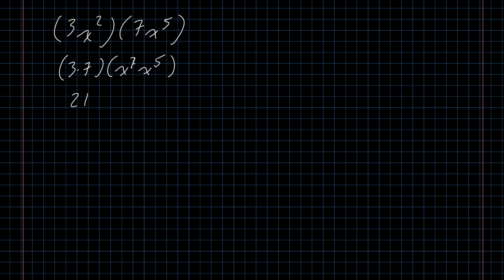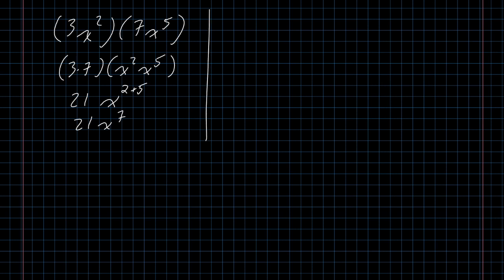X to the 2nd times x to the 5th is x to the 2 plus 5, and 2 plus 5 is 7.